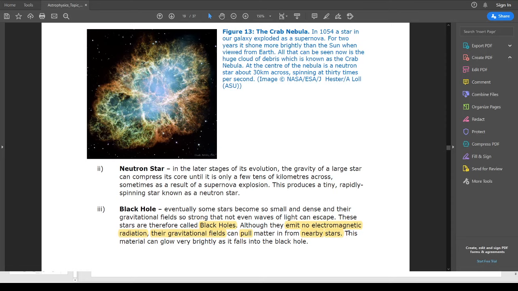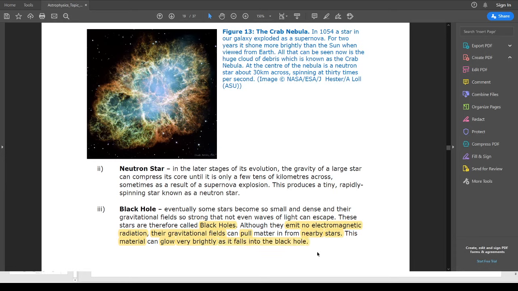This material, what happens when something travels very fast? It actually gives off energy as light. So this material can glow very brightly because it gets really hot, traveling at this very high velocity. So they glow very brightly as they fall into the black hole.